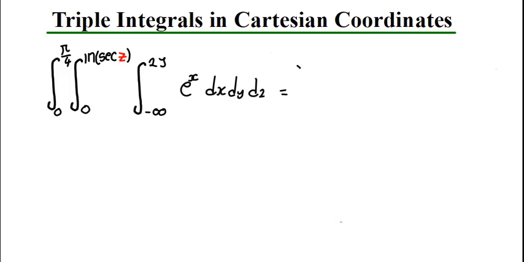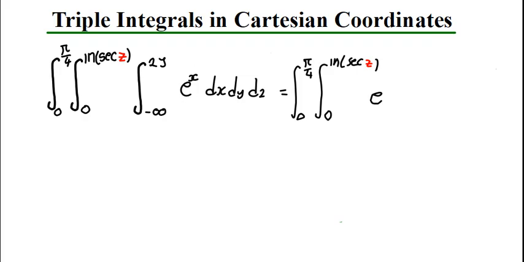So we have this one from 0 to 45, which is pi over 4. Then at this point we have 0 to natural log of sec z. Okay, sec z. So when you integrate e to the x, you're still going to get e to the x.